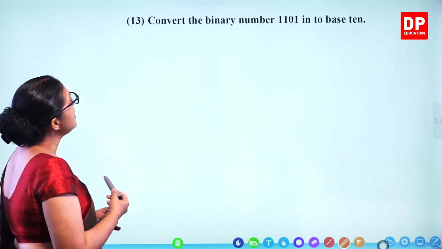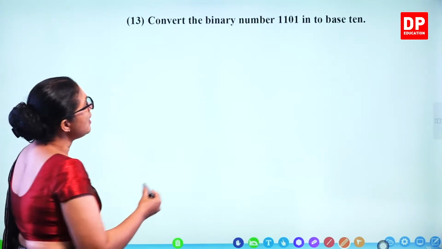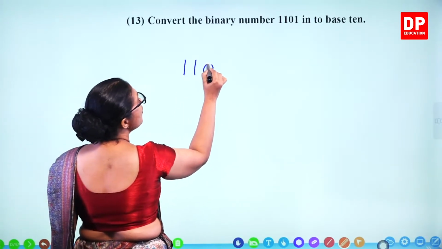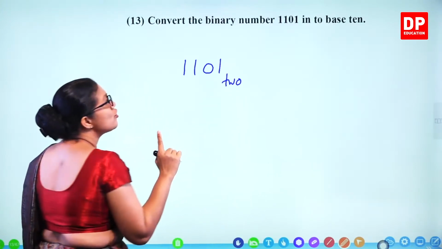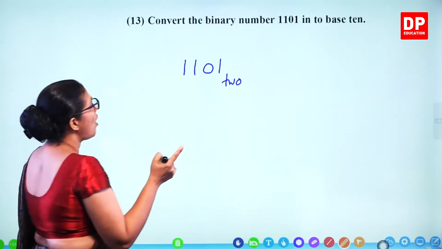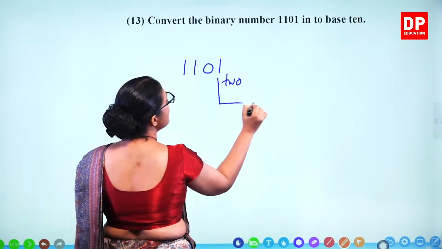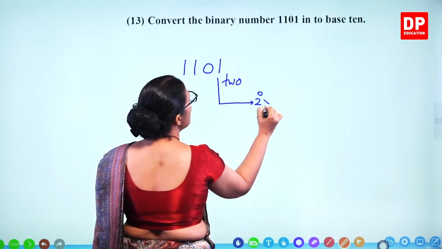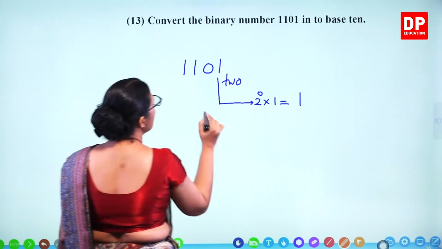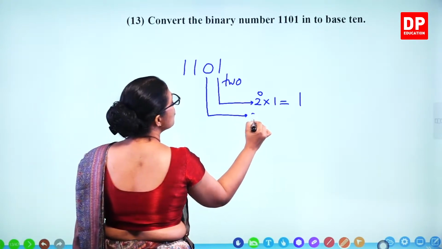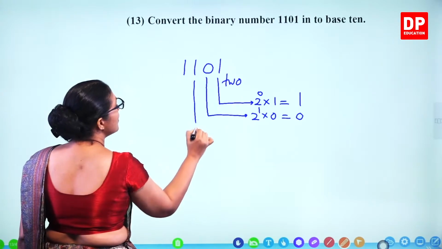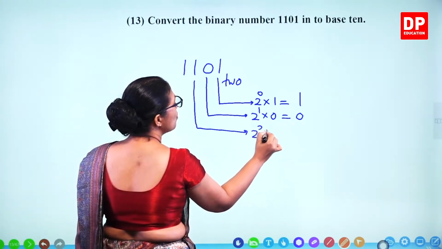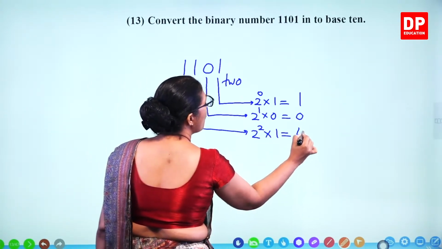Question number 13. Convert the binary number 1101 into base 10. So how do you do it? This number is 2 to the power 0 multiplied by 1, you get 1. This one is 2 to the power 1, that's 0. This is 2 to the power 2, that's 4.